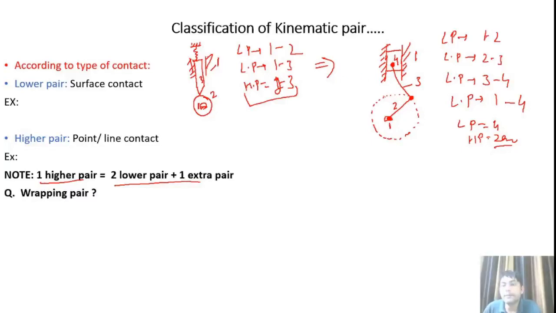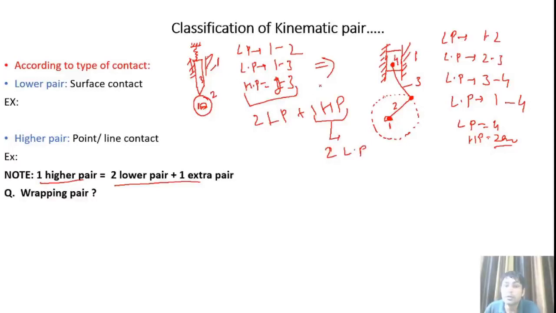In the same way this piston reciprocates, but there is no higher pair. Now there are 2 lower pair and 1 higher pair, 2 lower pair plus 1 higher pair. And here it is 4 lower pair. That means 1 higher pair is equivalent to 2 lower pair.